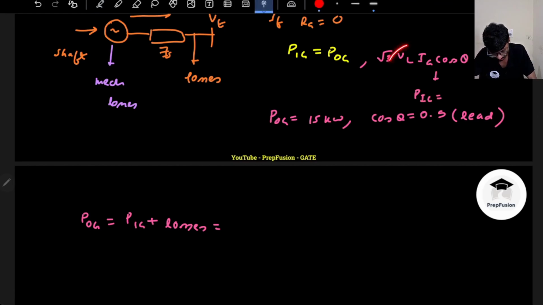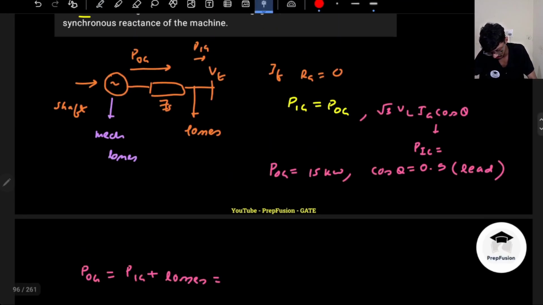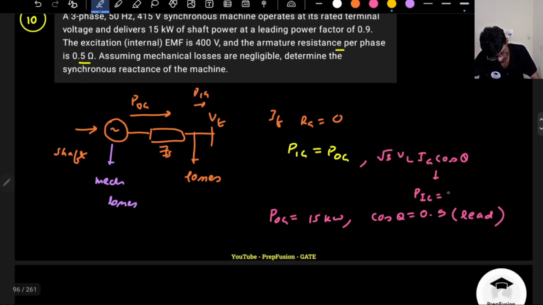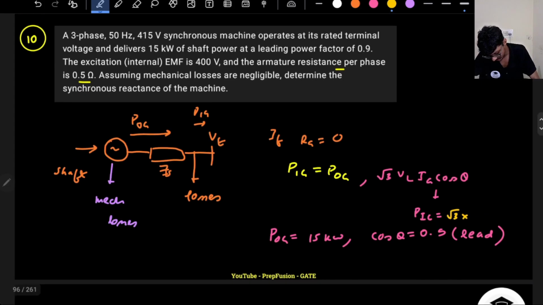Out of this I know my VL, I know root 3, and I know my cos theta, which is 0.9. So it is root 3 into VL, where the line voltage VL is 415, into cos theta 0.9, and IA I don't know, that is unknown to me.